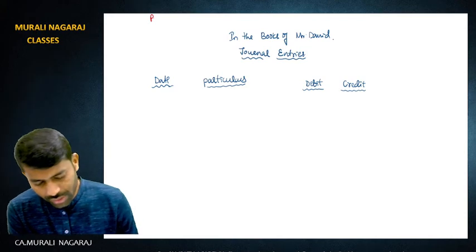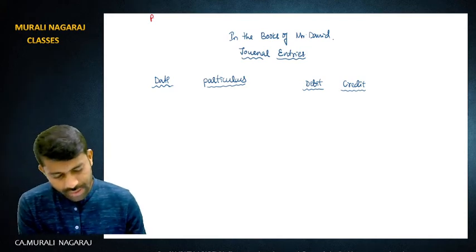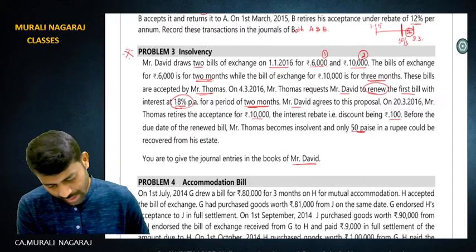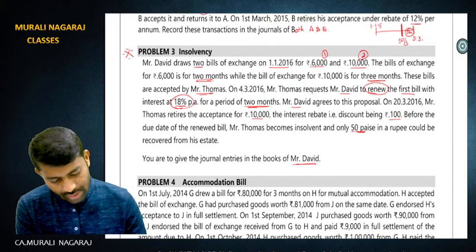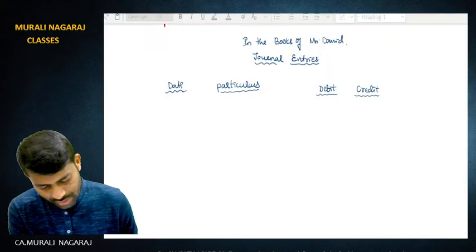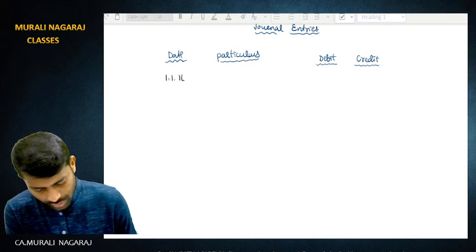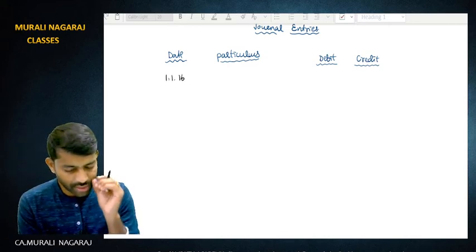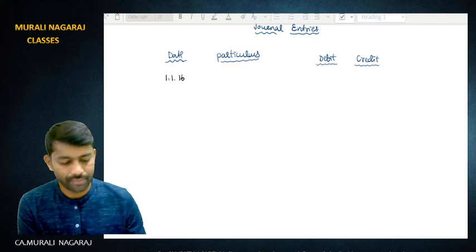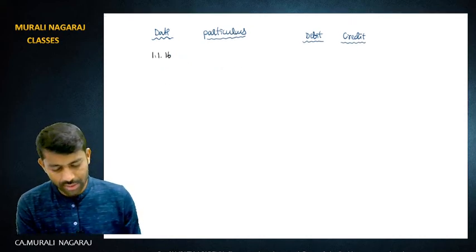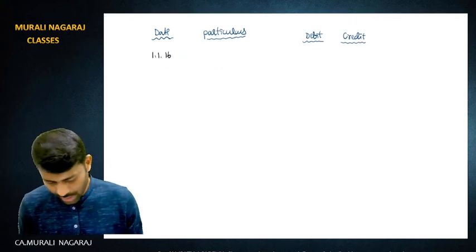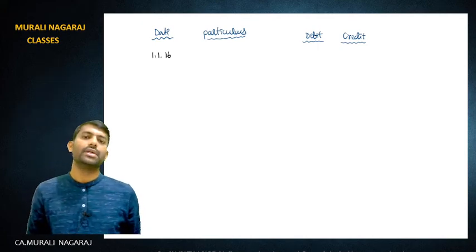To start with, the date is my reference. I think the date is 1st January 2016. So on that day there were two bills, correct? So that day he has accepted, so he drew the bill.